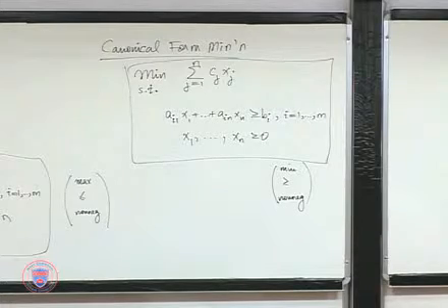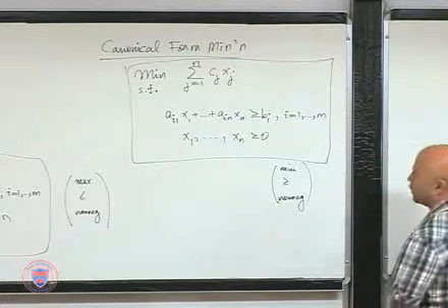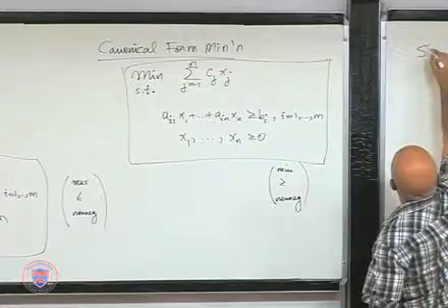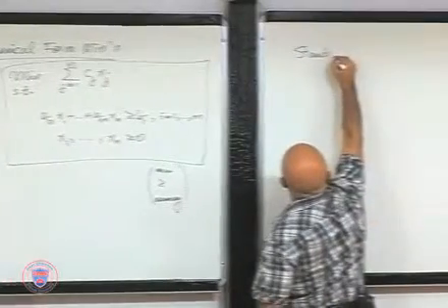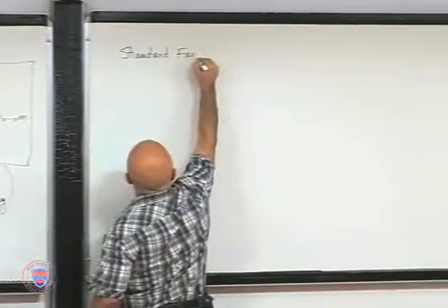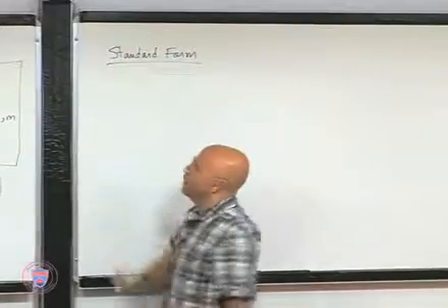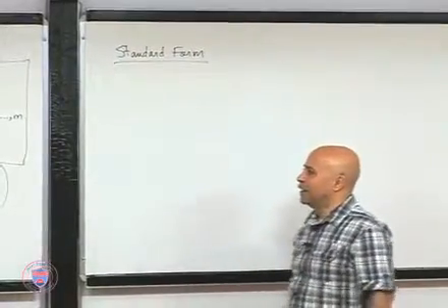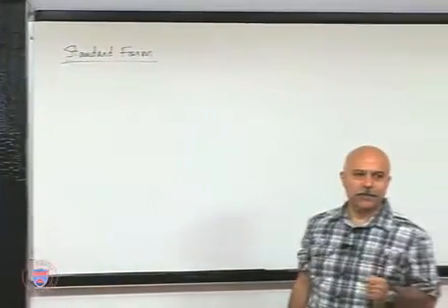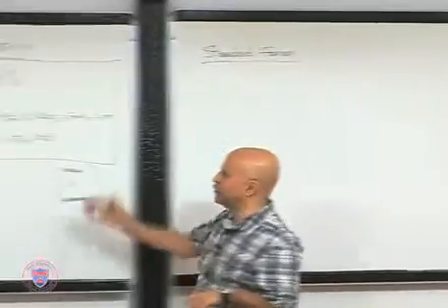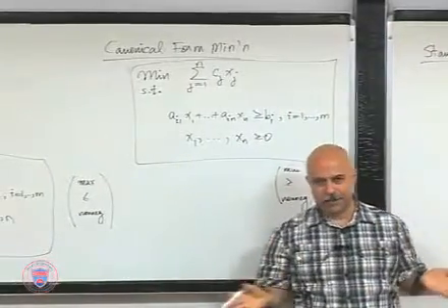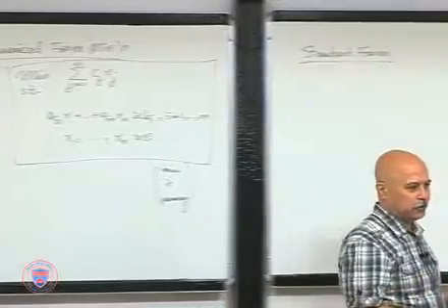All right. There's also the so-called standard form. And as I said before, there is no uniform terminology. Some people refer to the canonical forms as standard forms. At least that used to be the case. I don't know. Nowadays, I think it has changed.